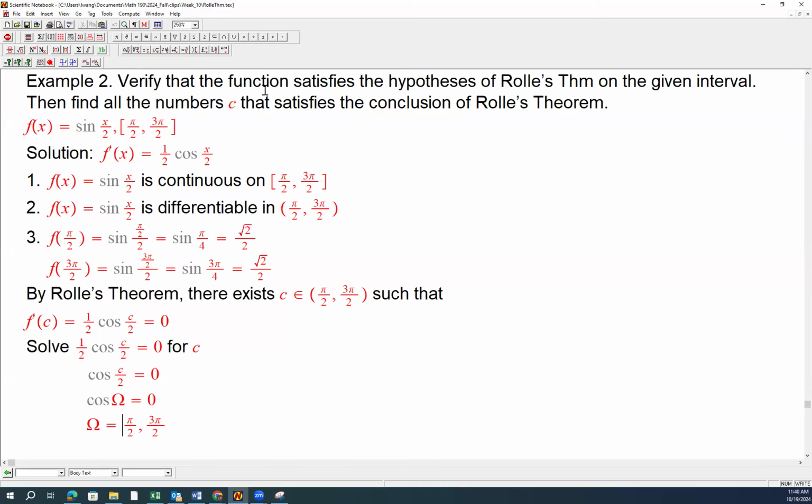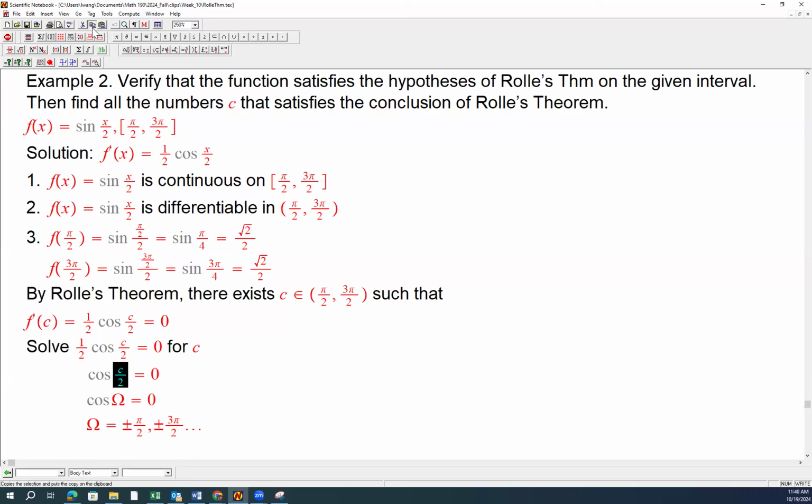In fact, -pi/2 also works, -3pi/2 will also work, and there are many such solutions. But remember, we're only looking for solutions in this interval. That's for omega. And what is omega? c/2 is omega.